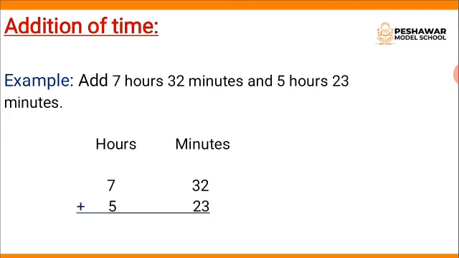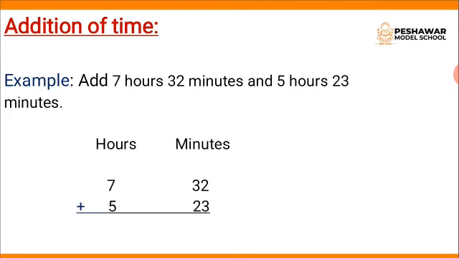On the left side, we will write hours and on the right side, we will write minutes. So, we write 7 below the hours and 32 below the minutes. The same thing is done with the other one: 5 hours, 23 minutes.